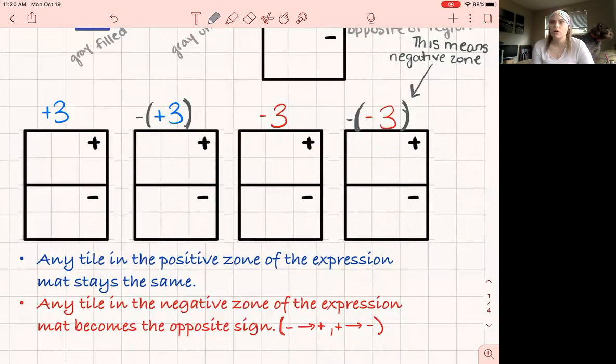Okay, so if I want to do +3 tiles, the easiest way is to put 3, and go ahead and do this with me, 3 positive tiles in the positive region. Super easy. The other way to show a +3 is if we see parentheses like this. You'll notice over on the right, I wrote this means negative zone.